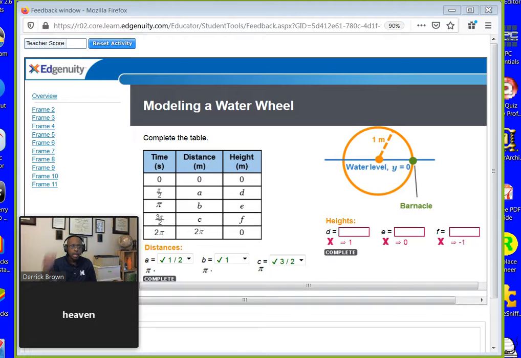Okay, now, do you remember a recent conversation that you and I had about the unit circle?